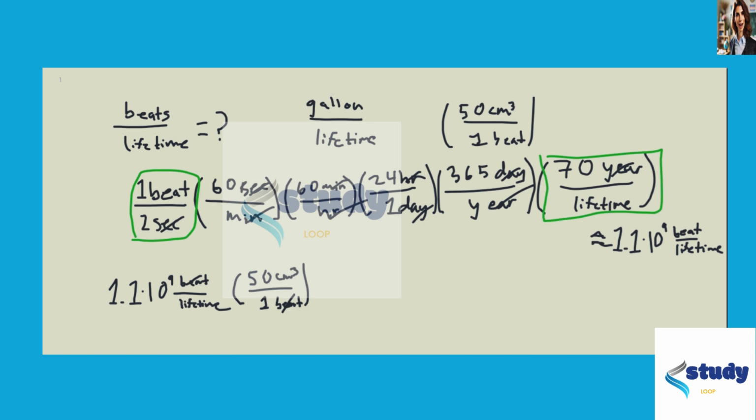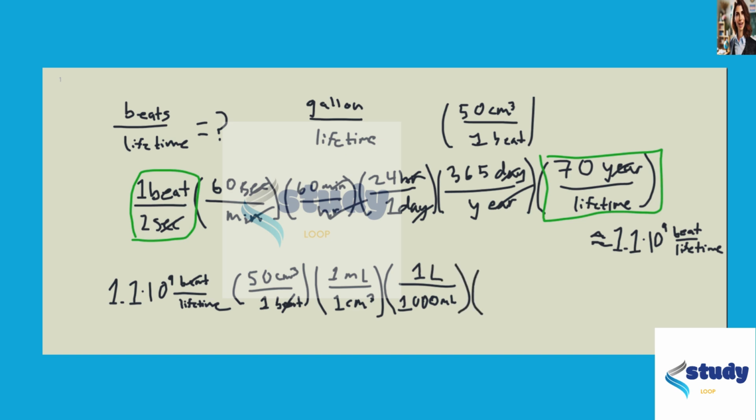And already by unit cancellation, we can see that we'll get a volume over lifetime, but we need it in units of gallons. And so one quick transformation is, let's turn these to liters and then go from liters to gallons. And if you have direct unit conversions, you can go ahead and use those. Okay, and we know that every cubic centimeter is equivalent to 1 milliliter. And we know that there's 1,000 milliliters per liter.